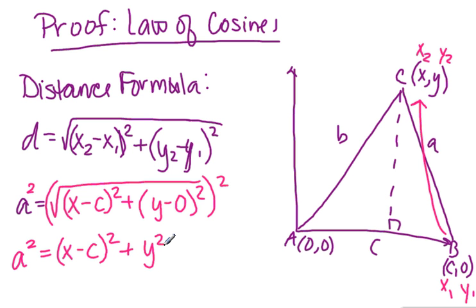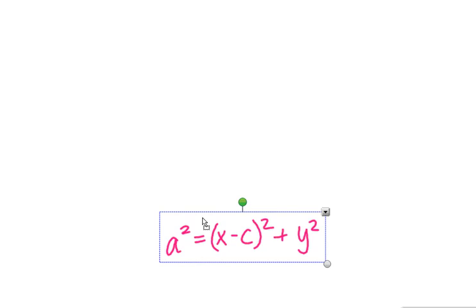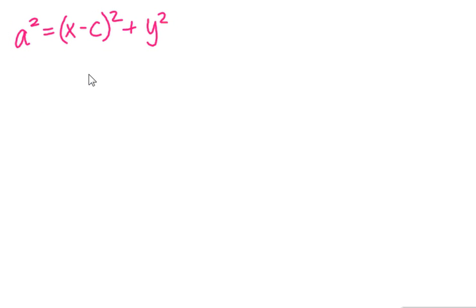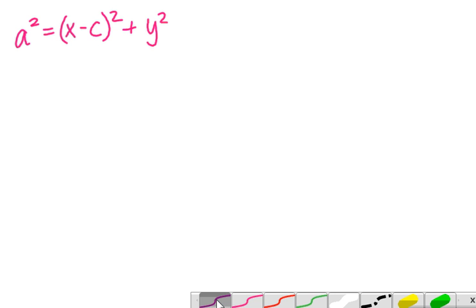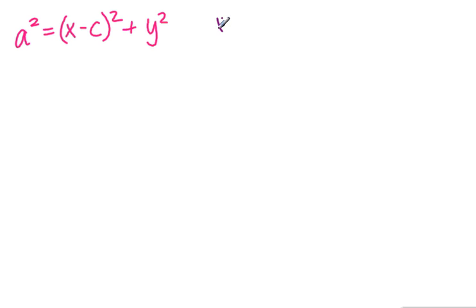Step 3 says substitute. I'm going to go to a new page. I'm going to take this with me. All right. So I'm here, and it tells me I'm going to substitute. It says that x equals b times cosine A, and that y equals b sine A for you to substitute.